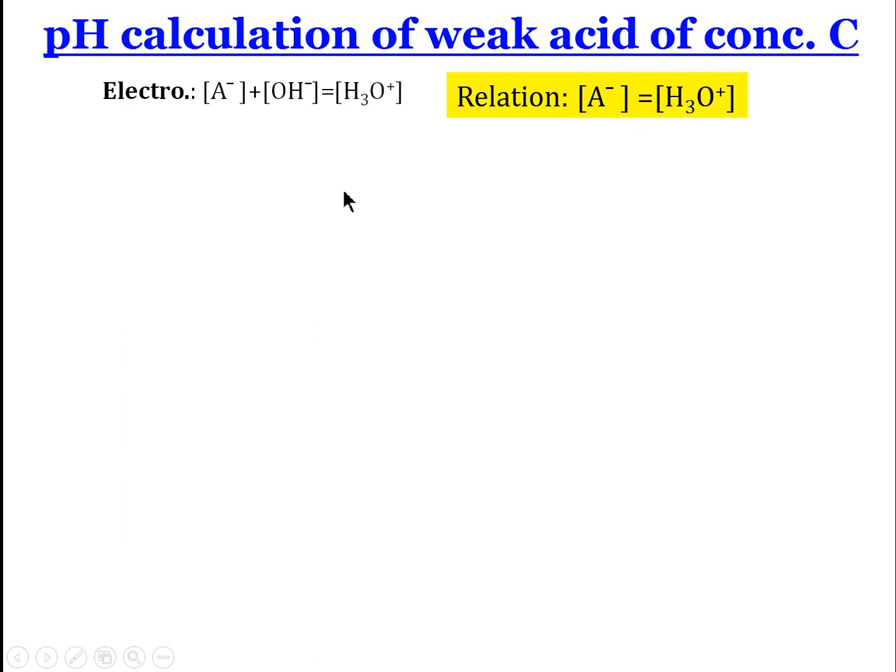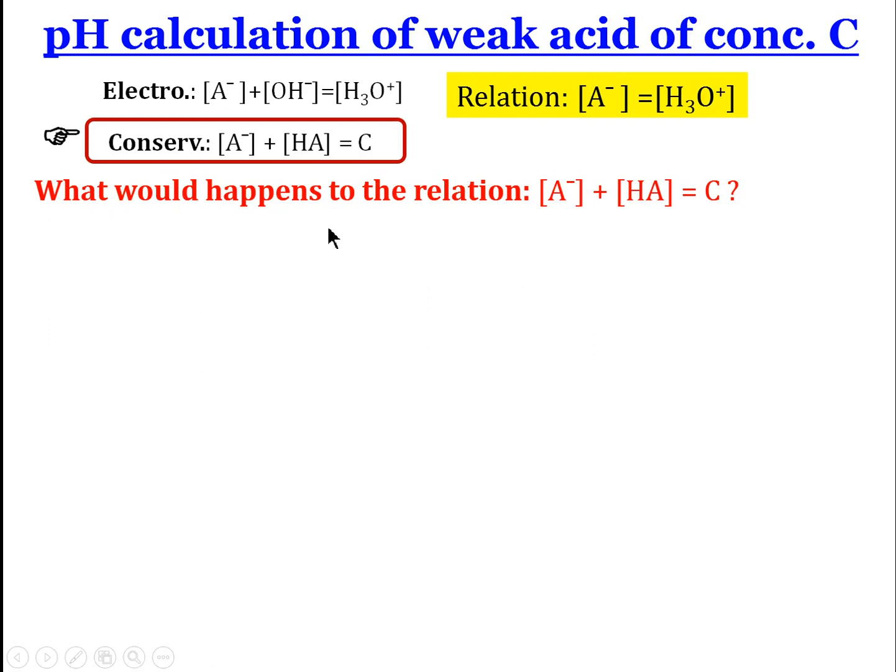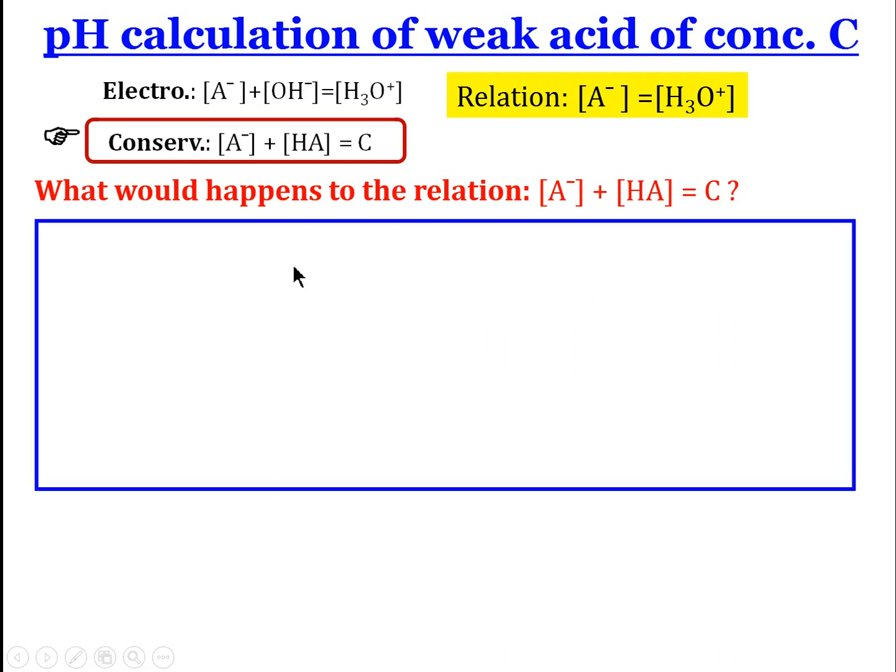So what would happen to the relation of the conservation of species where A- in the solution plus HA remained in the solution equal the initial concentration C? We have three cases.